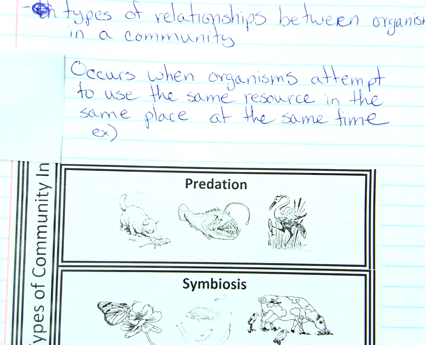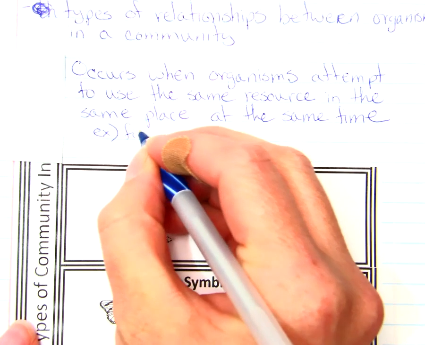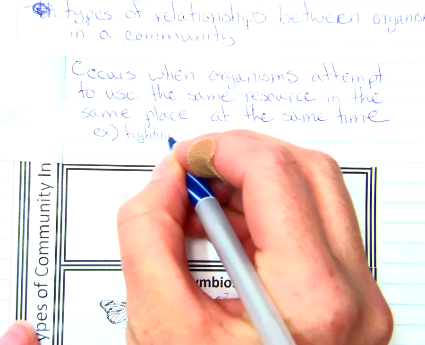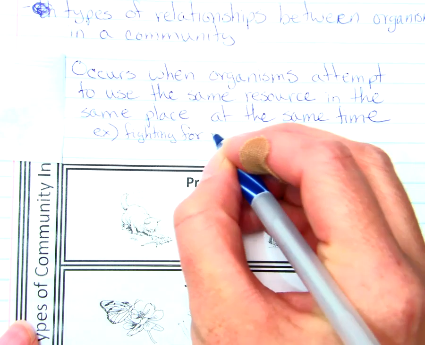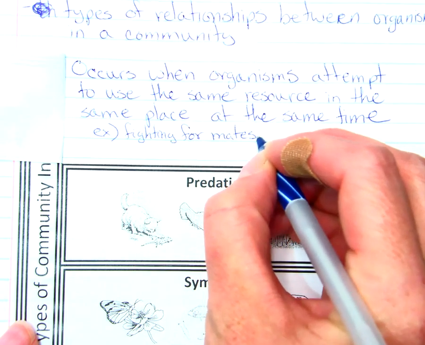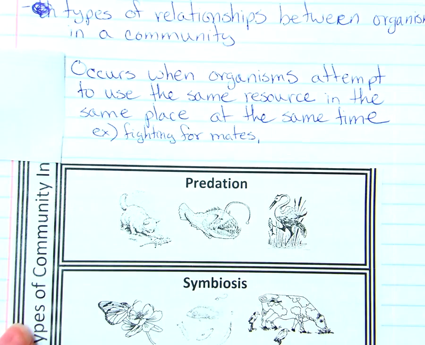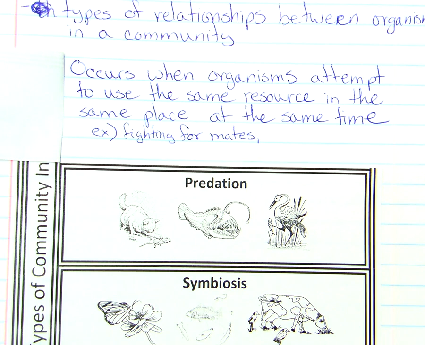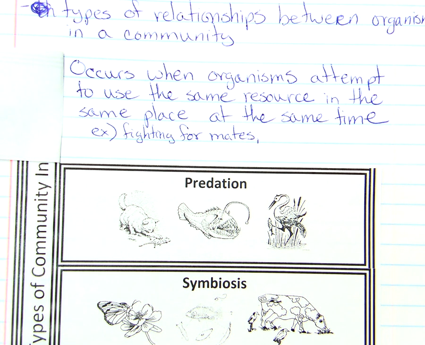Some examples of competition that go with the pictures that you have on the front. So some animals, like hippos or the moose, will compete. They will fight for mates. In those animals, one male will have control over a group of females, and they'll fight for mates.